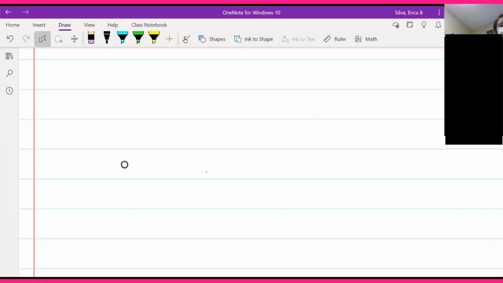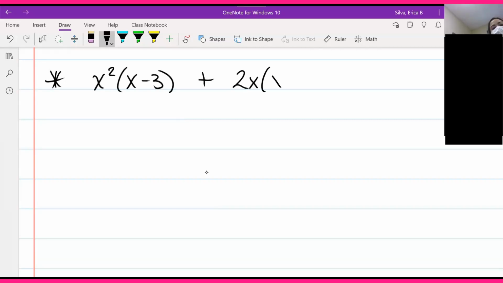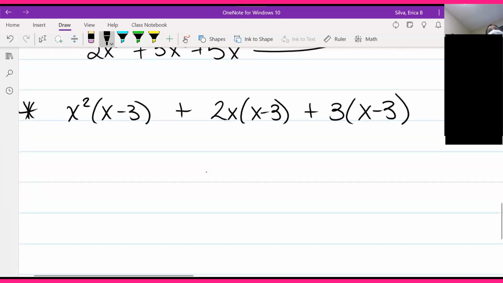Now for this last example, this is one that you may want to write down because this is the first time you see it. We've got x squared times x minus 3, plus 2x times x minus 3, plus 3 times x minus 3. Although this looks like it has more than 3 terms, there are only 3 terms.